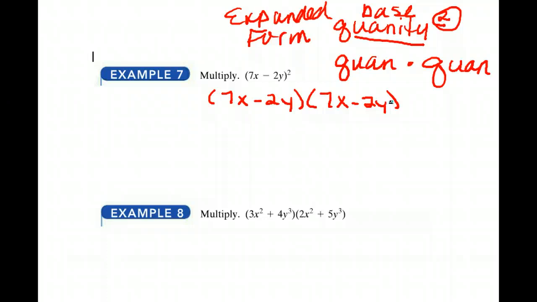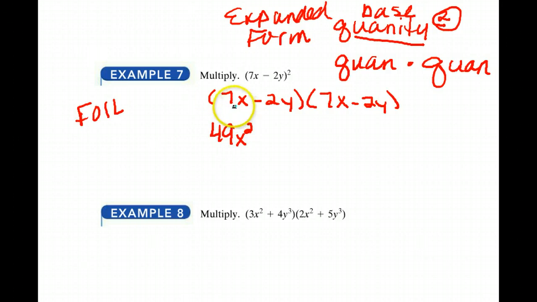Okay? We have to create two binomials that are being multiplied by each other and then use the FOIL process from there. So we will do our firsts, which is 7x times 7x, and have 49x squared.